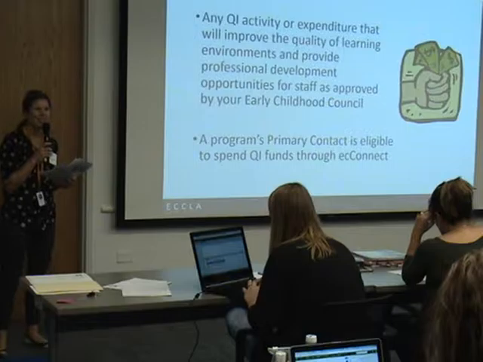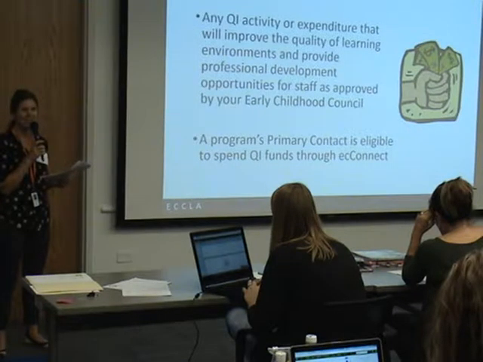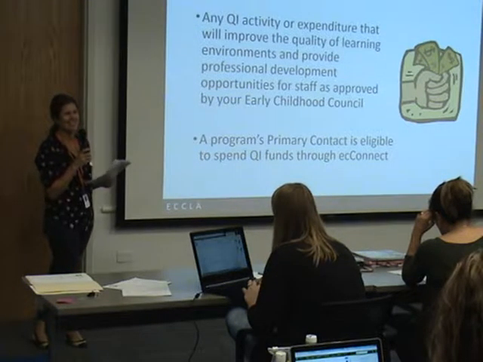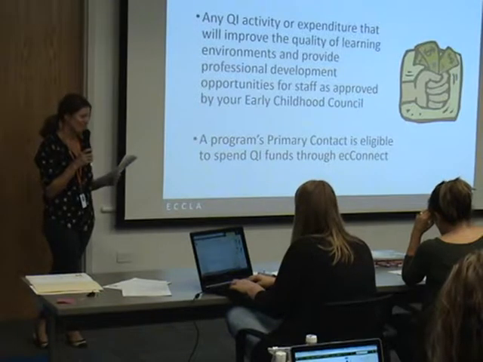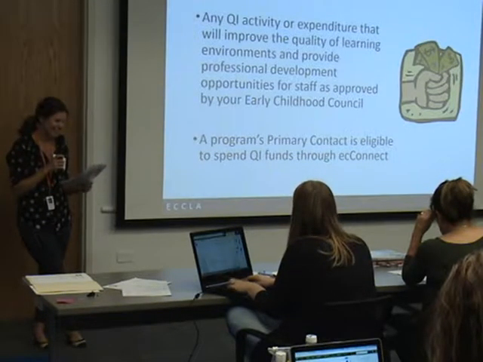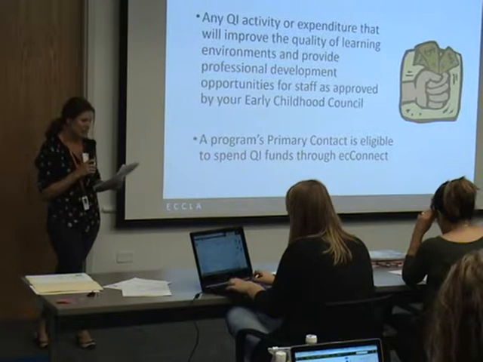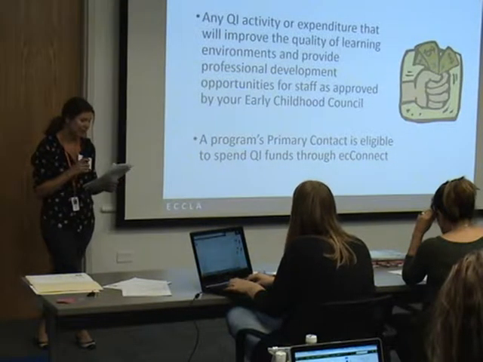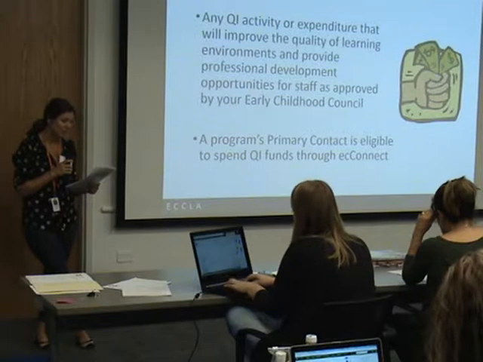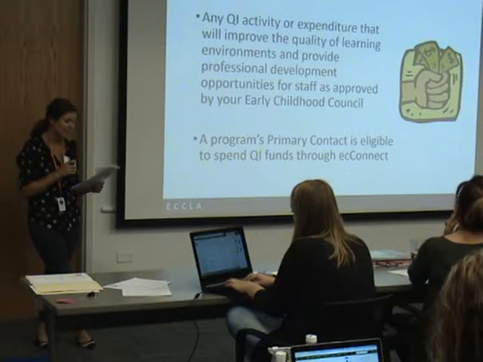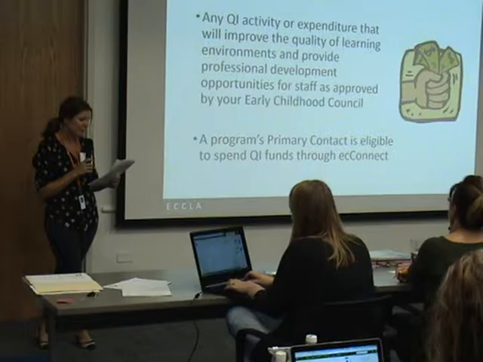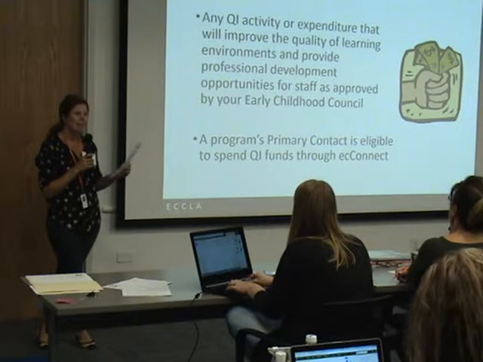So when we talk about dollars, there's some things that we can do, and also that are not allowed, just based on the grant and certain requirements. So any QI activity or expenditure that will improve the quality of learning environments or provide professional development opportunities for staff, as approved by your Early Childhood Council, is allowable.